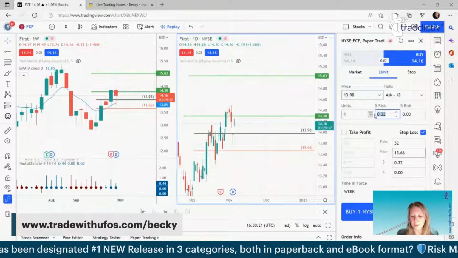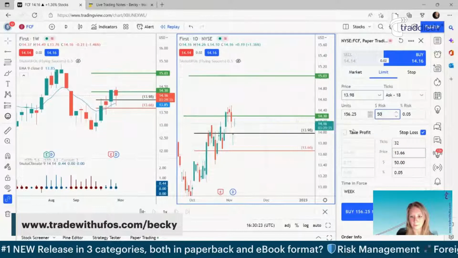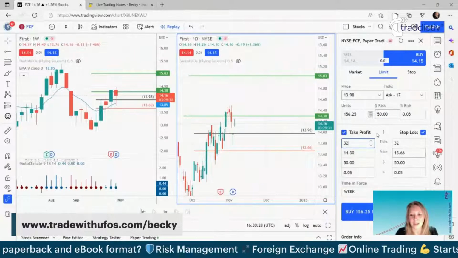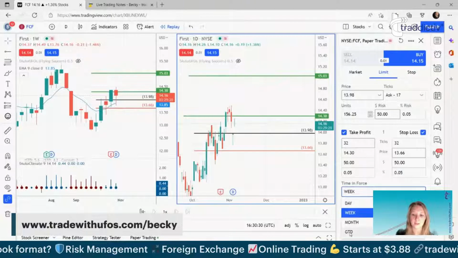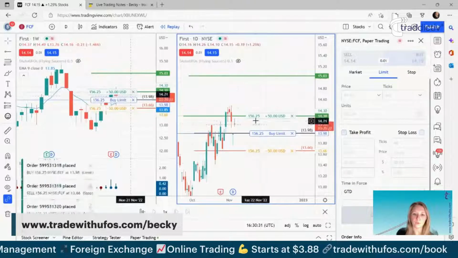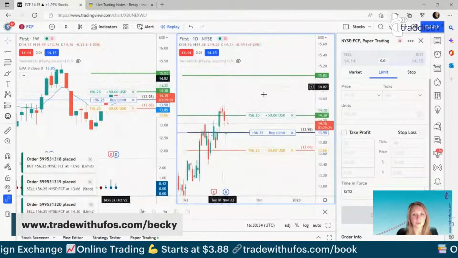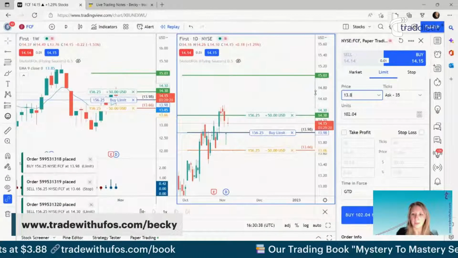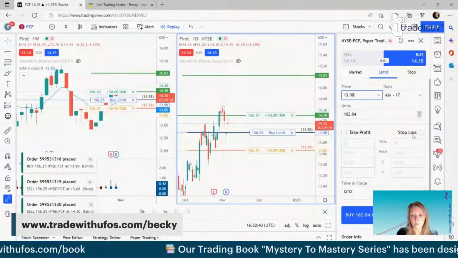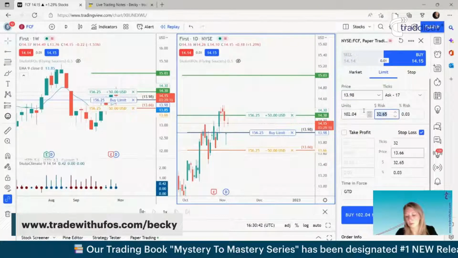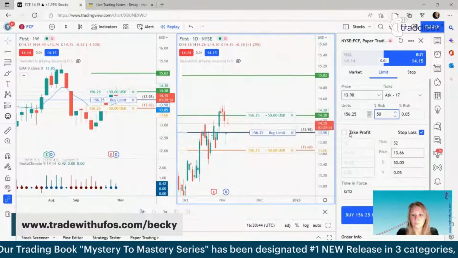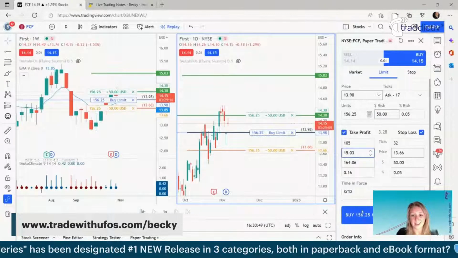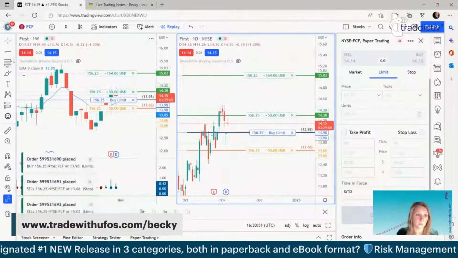If one of them makes you very uncomfortable, you probably won't do it consistently, which means you're not being objective with what you're doing in the markets. You won't be consistent, so your results won't be consistent. But if you figure out the way that makes the most sense for you based on your risk tolerance and the way you are, what fits your plan, then you're much more likely to consistently enact it and therefore get consistent results.